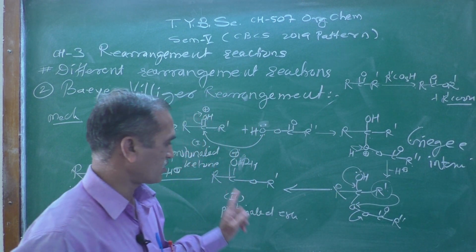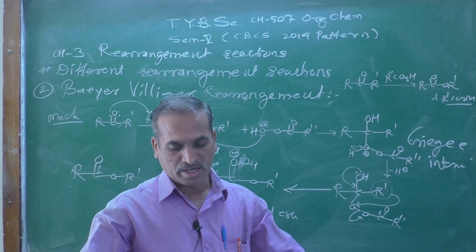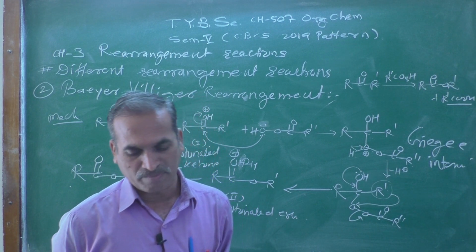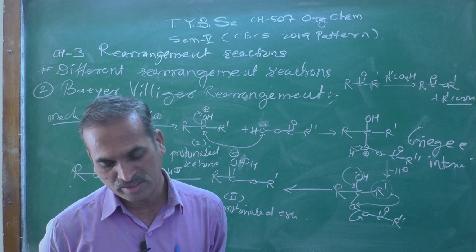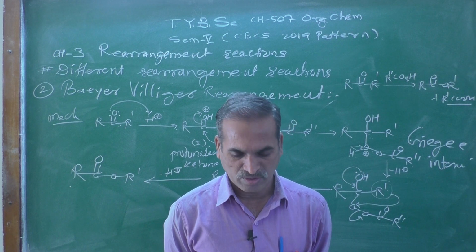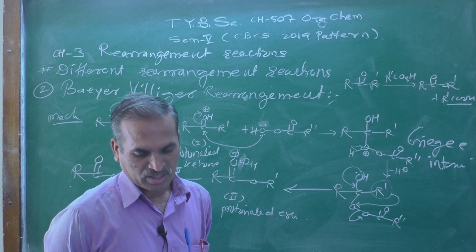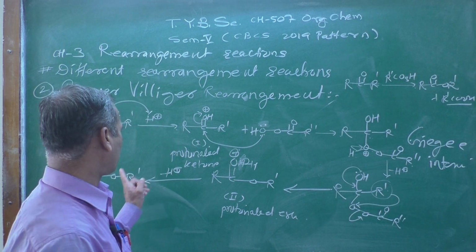Thus the rearrangement involves migration of an alkyl or aryl group from the adjacent carbon to the electron deficient electrophilic oxygen. The carbonyl oxygen of the ketone becomes the carbonyl oxygen of the ester.